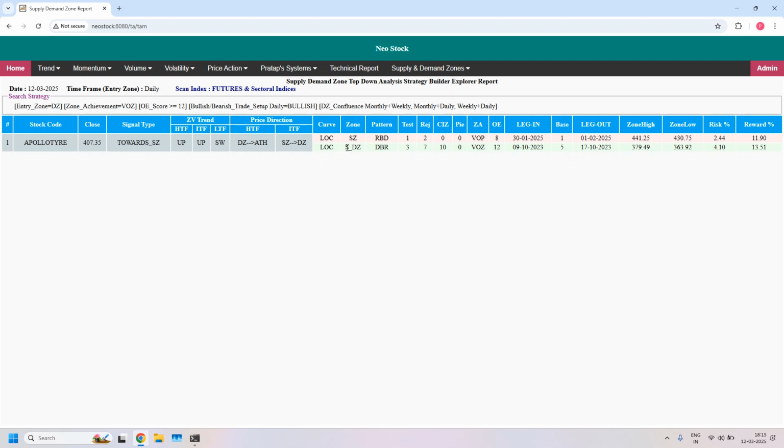In this stock, the daily demand zone overlaps with the weekly demand zone, and both together again overlap with the monthly demand zone. And the monthly trend is up. HTF is monthly. So if the monthly demand zone has monthly EMA confluence, this daily demand zone might have an even higher probability of success because it is overlapped with the monthly zone.